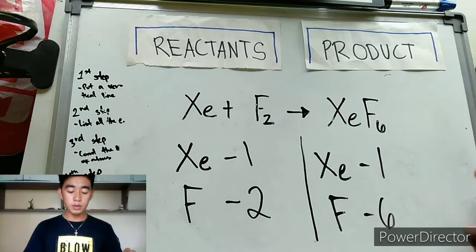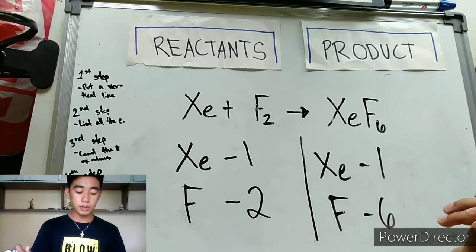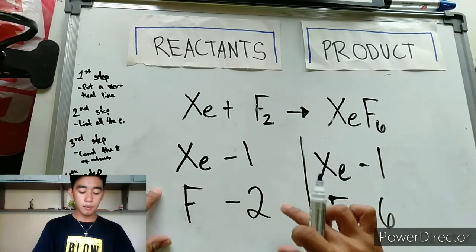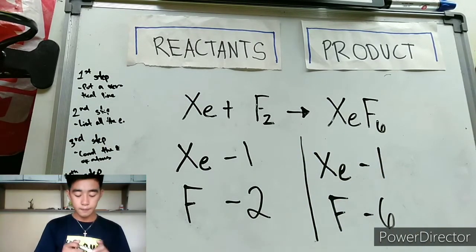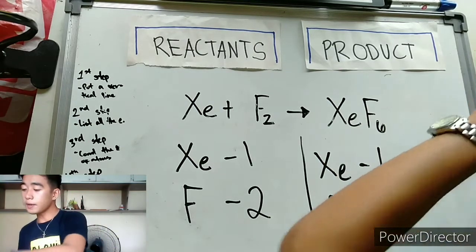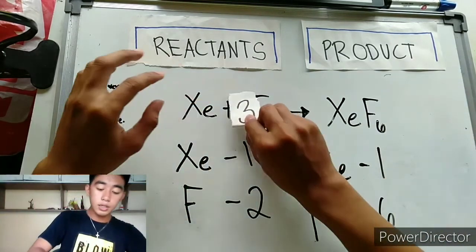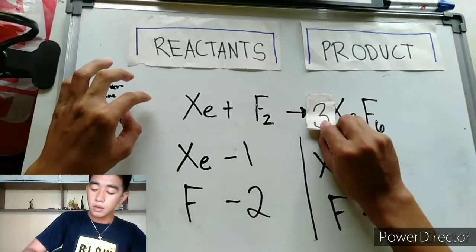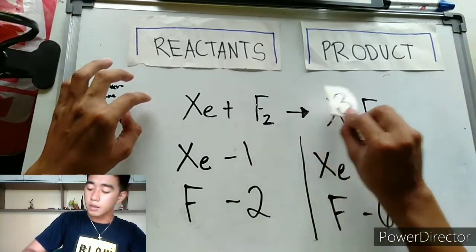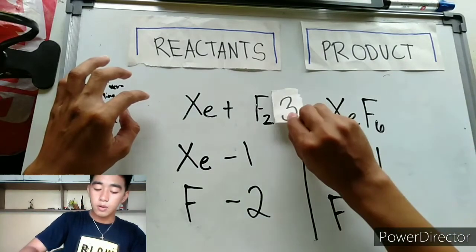So ang gagawin natin, kung saan yung may mas mababang number of atoms, dun tayo mas magfo-focus. So since andito yung fluorine na may 2 atoms sa reactants, dito tayo magdadagdag ng coefficient. So yung coefficient natin, dito lang natin siya nilalagay sa harap ng elements or before the elements or ng compounds. So bawal natin siya ilagay dito sa hulihan.